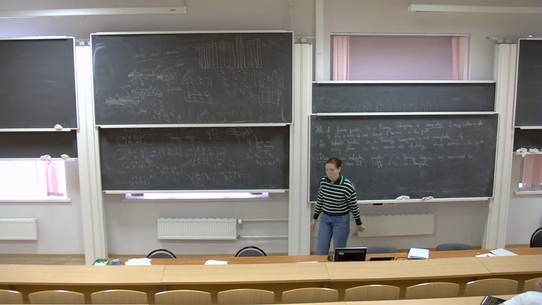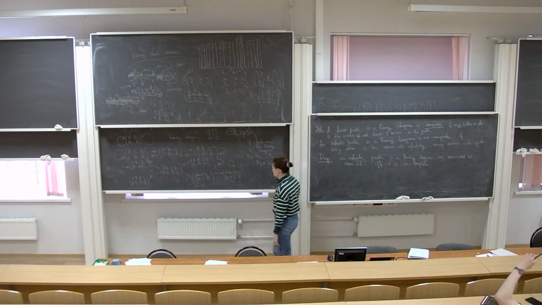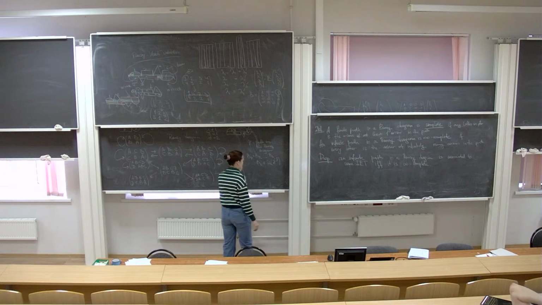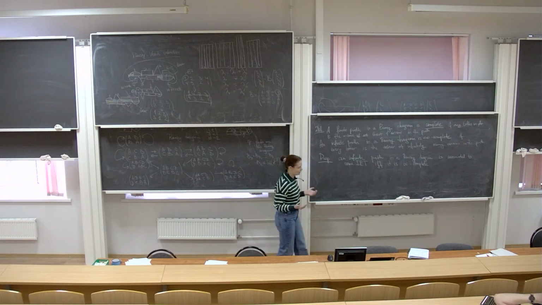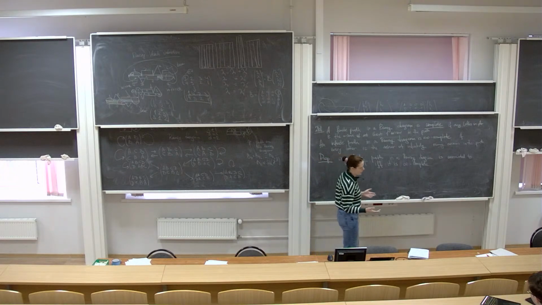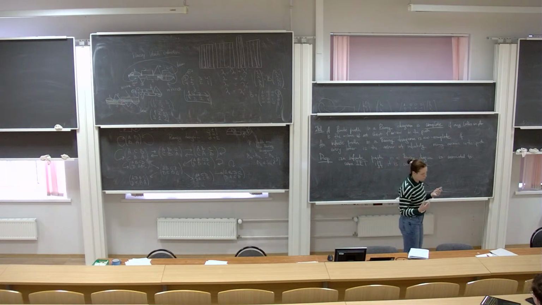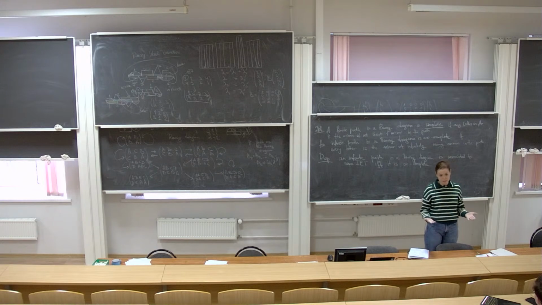Why? Because when you look at an interval exchange transformation, we discussed that we assume that they all have to become winners and losers. All the intervals have to become winners and losers. Why is it not possible that some interval never becomes winner or loser? Informally, because of irreducibility.